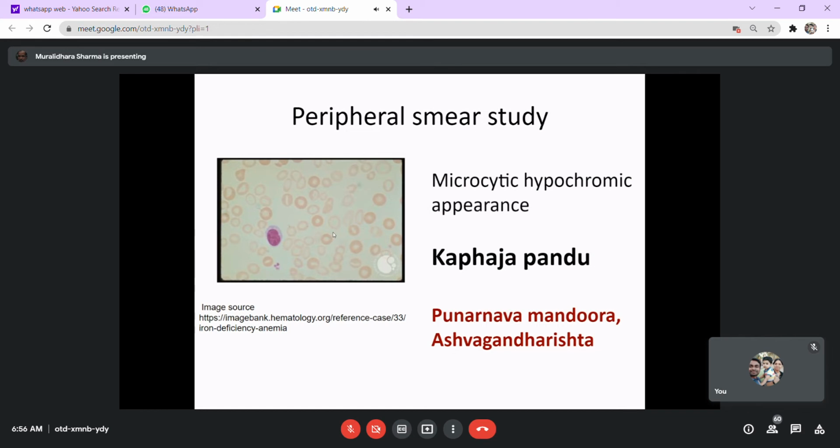Now, deficiency of iron could be due to two reasons: a lesser supply of iron, or more loss of iron. Lesser supply of iron can occur due to a real deficiency in the diet or an abnormal mechanism of absorption of the iron.